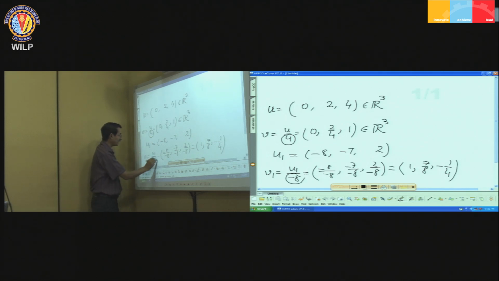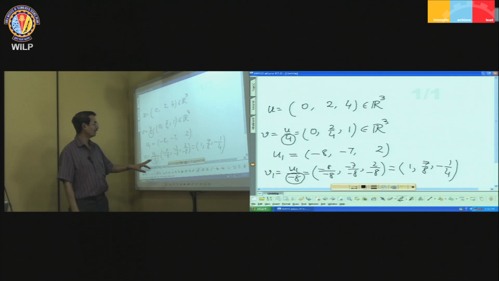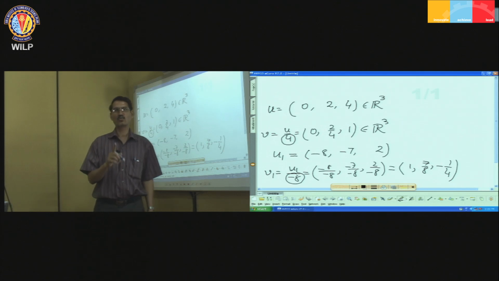Here -8 is the normalizing factor. So, with the help of this -8, this u1 has been normalized, and with the help of this 4, this u has been normalized. This normalizing factor is going to play an important role in the power method for calculating the dominant eigenvalue and dominant eigenvector.